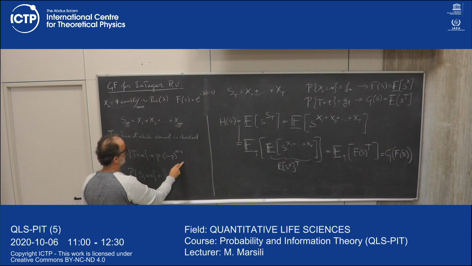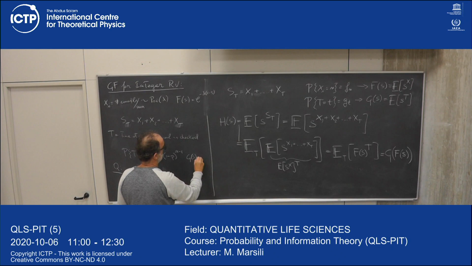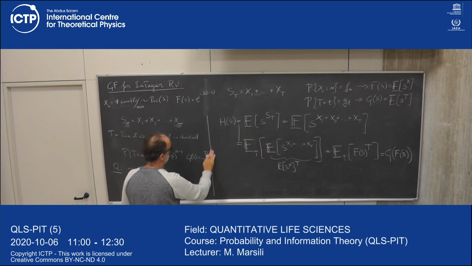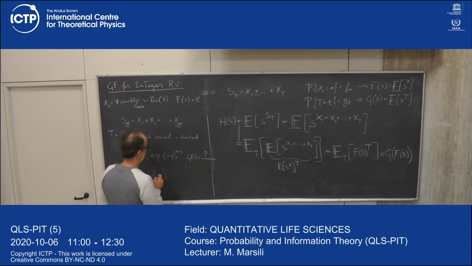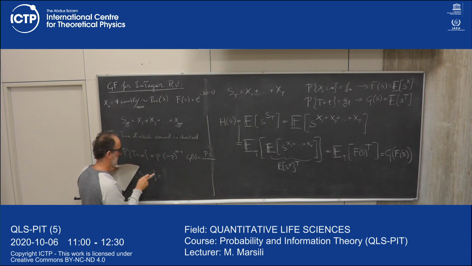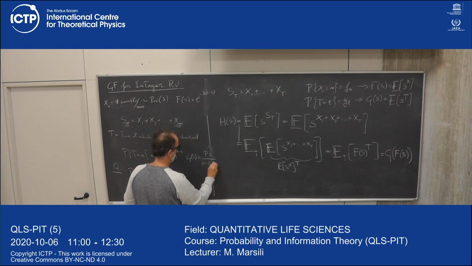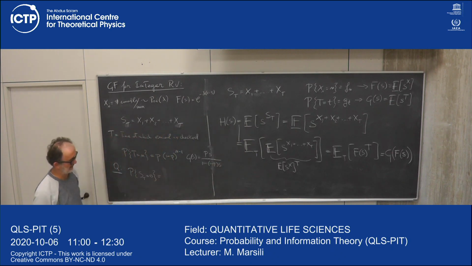And the generating function of this is easily computed, so g of s is just p times s divided by 1 minus 1 minus p times s. It's just a geometric series.